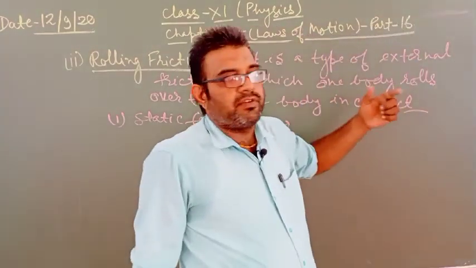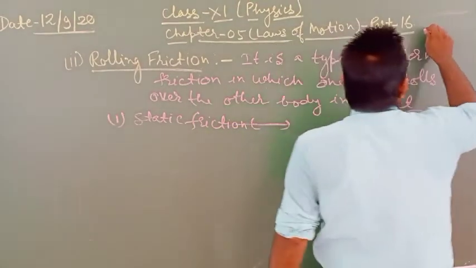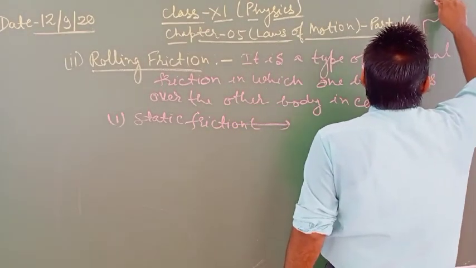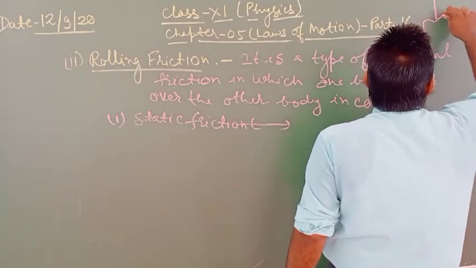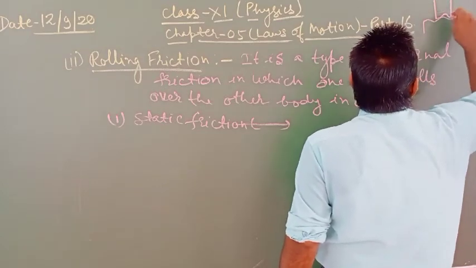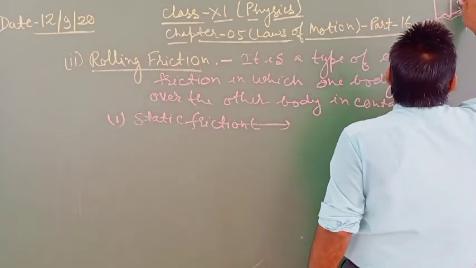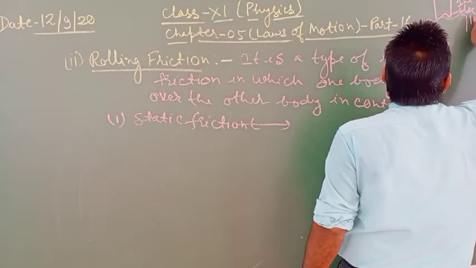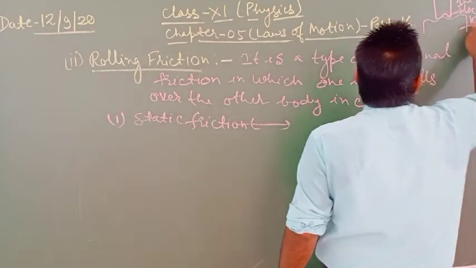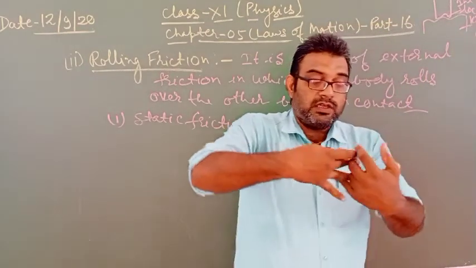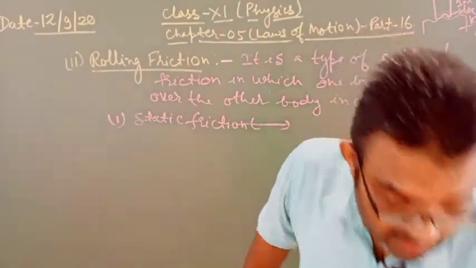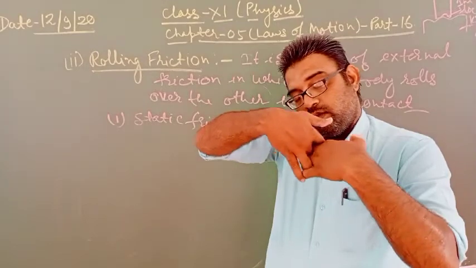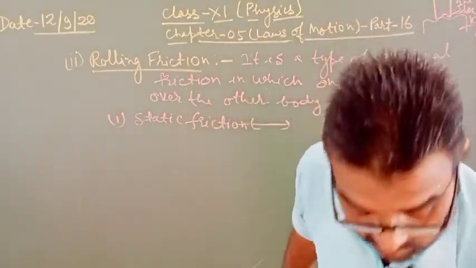While discussing friction, when we had started the chapter, we had discussed the interlocking between the two surfaces. This is the interlock. Means if in this way, suppose this is the surface and this is the object, then this is called interlocking.